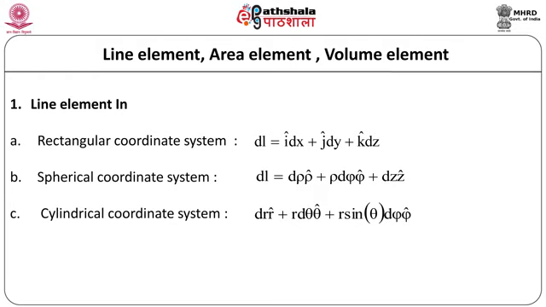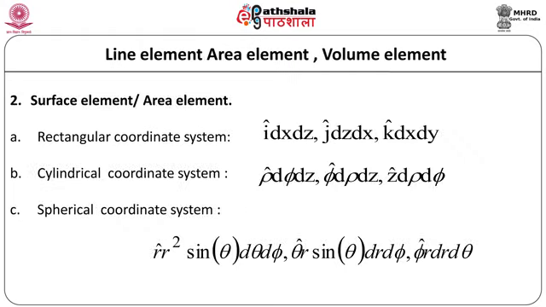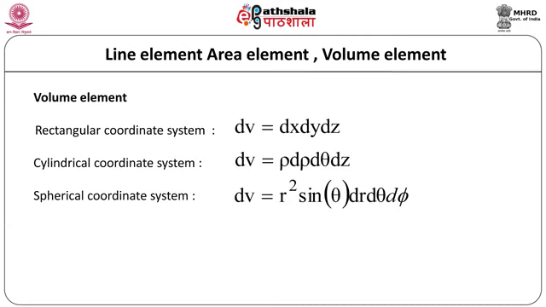The line elements are as shown. Note the unit vectors indicating the direction of line and area element in each system. Volume elements are scalars while other two are vectors.